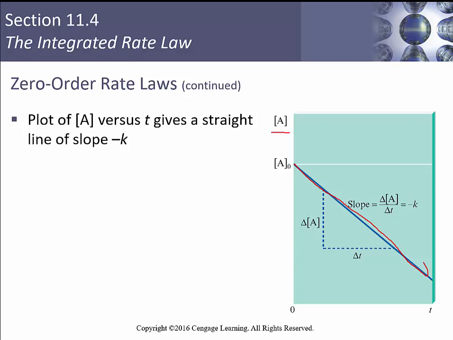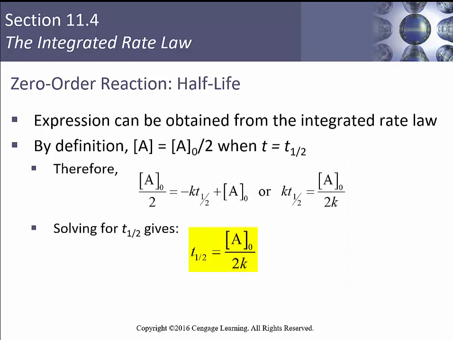For first order, it's a natural log as a function of time. And for second order, it's going to be 1 over the concentration as a function of time. Third order would be like 1 over the concentration squared, but we ain't going to worry about that. So an expression can be obtained for the half-life of that too.